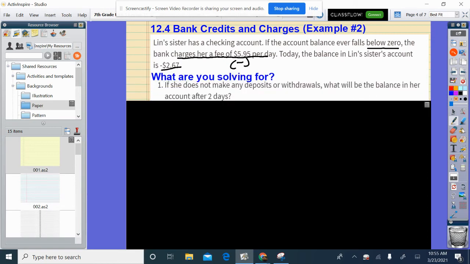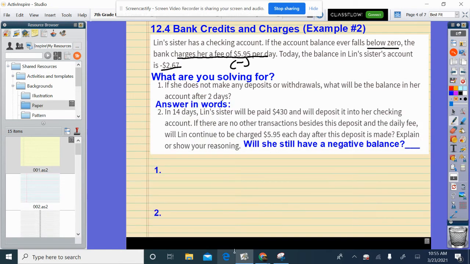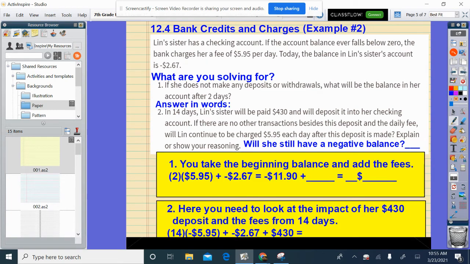Let's see what they are solving for. Number 1 says if she does not make any deposits or withdrawals, she doesn't do anything to her account, what will be the balance in her account after 2 days? And then in 14 days, I'll come back to that in just a minute. Let's take a look at what our guided notes say.